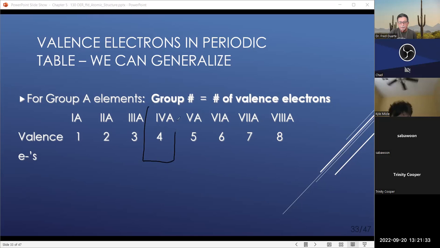This is the pivotal point at this group 4, okay? On group 4, of which carbon is in that group, they are on the fence. Think of it as being on the fence. And depending on the reaction conditions and so forth, those elements in group 4 can either gain 4 electrons or lose those 4, okay?